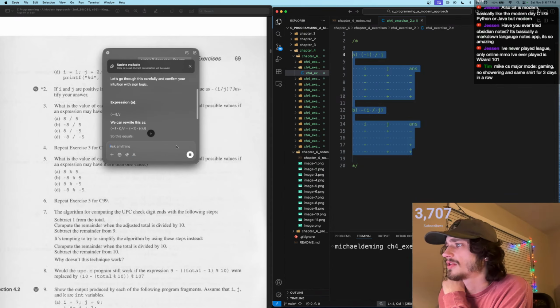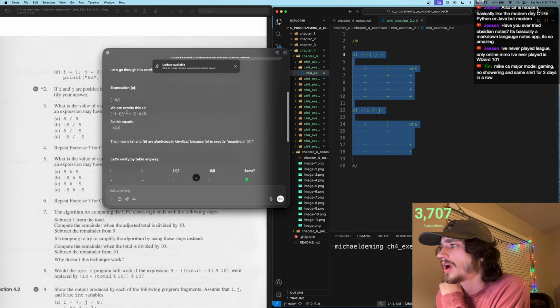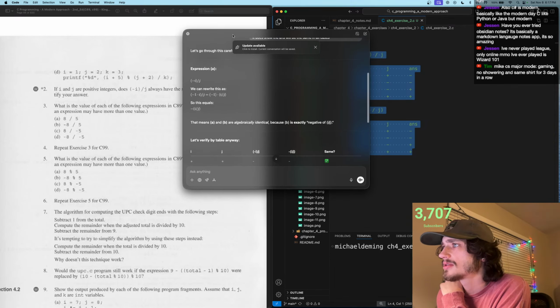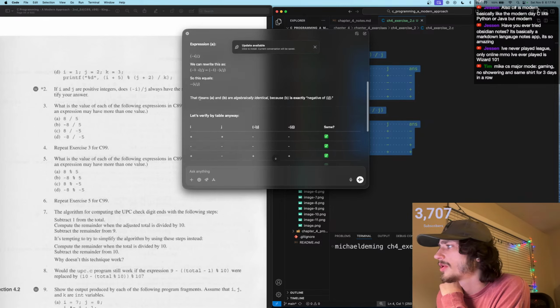Let's go through this carefully and confirm. We can rewrite this as -1 times I divided by j equals -1 times I divided by j. So this equals negative I divided by j. That means that A and B are algebraically identical, because B is exactly the negative of I divided by j.